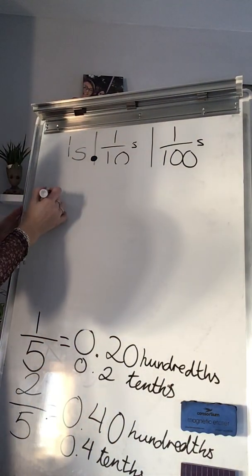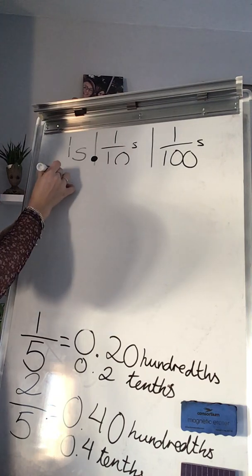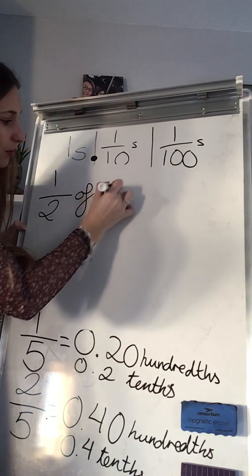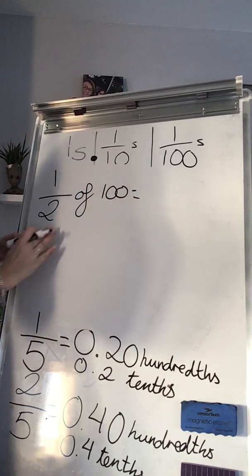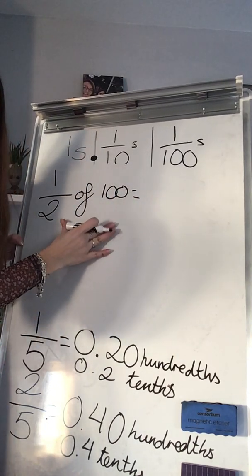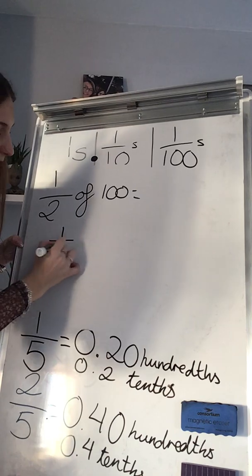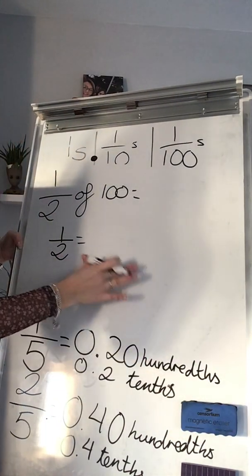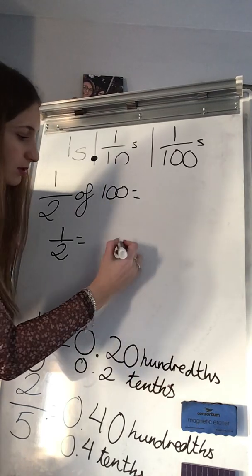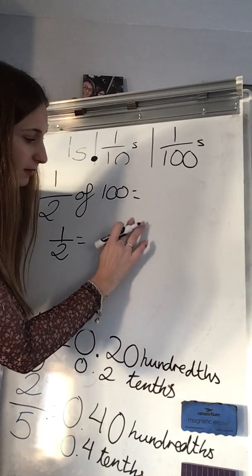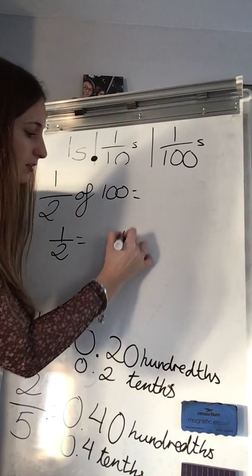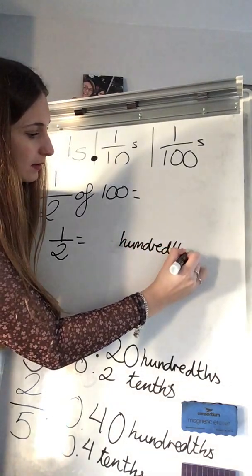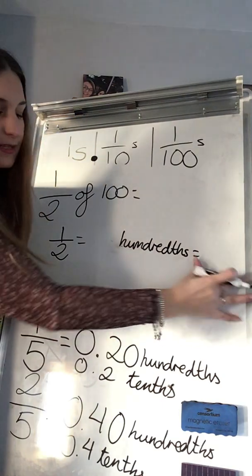So this time I'm going to just get 1/2 of 100. That's not how you will find it on your work. You will just find the fraction 1/2. And you need to find your tens or hundreds. I'm going to say hundreds today. And then you will need to find your decimal number.